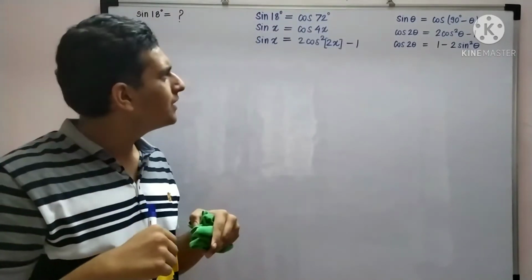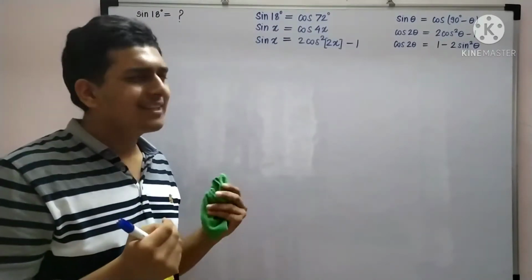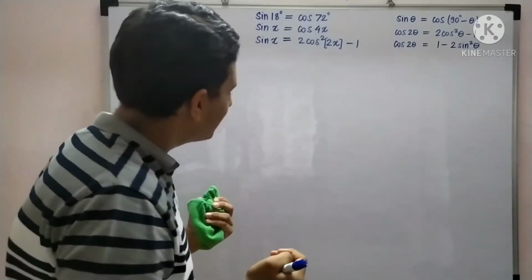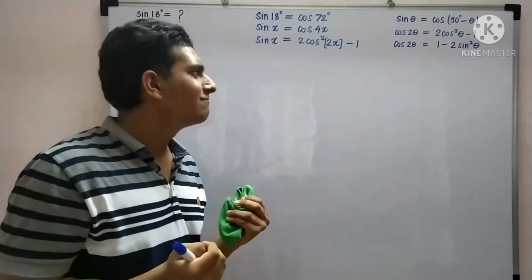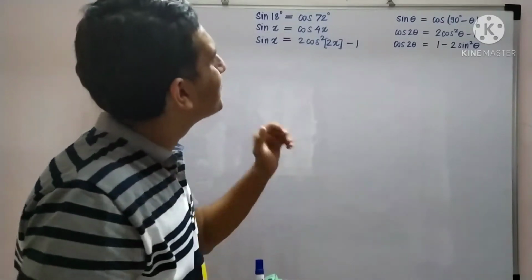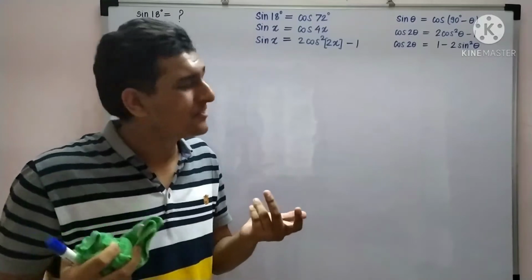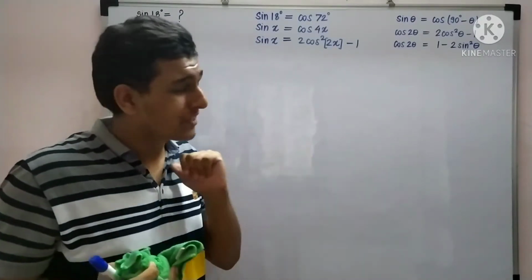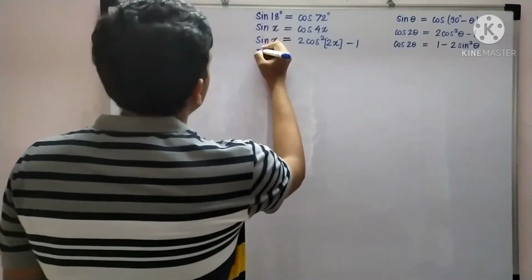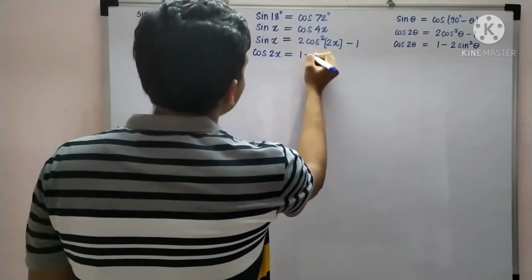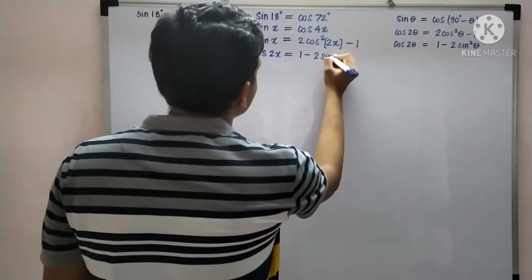Is that the only relation that sine x and cos 2x share? Well, let me think. No, it's already written on the board. The sine version of cos 2 theta, that is 1 minus 2 sine squared theta. So cos 2x is equal to 1 minus 2 sine squared x.